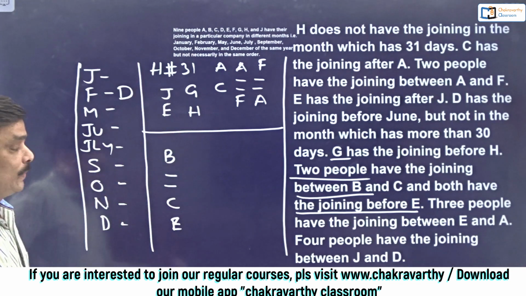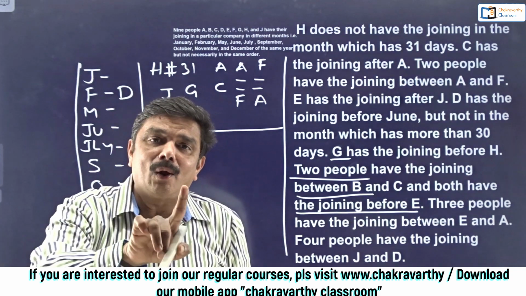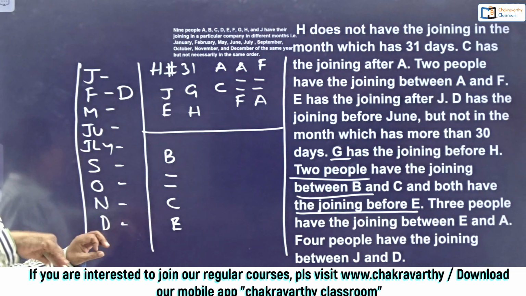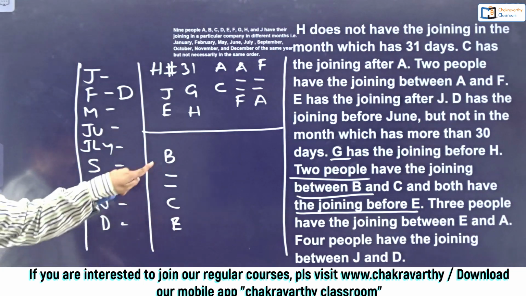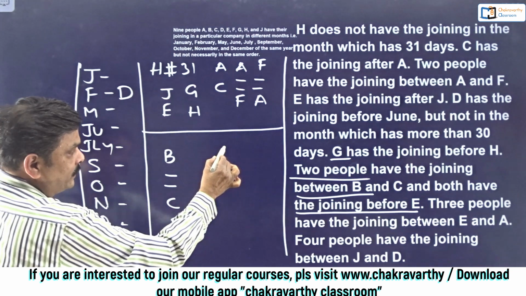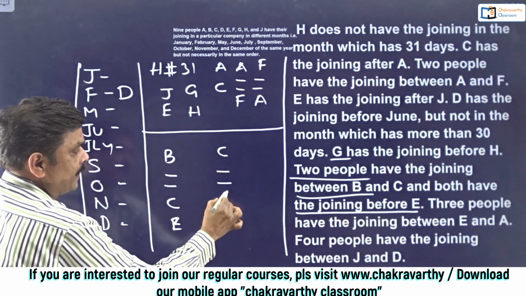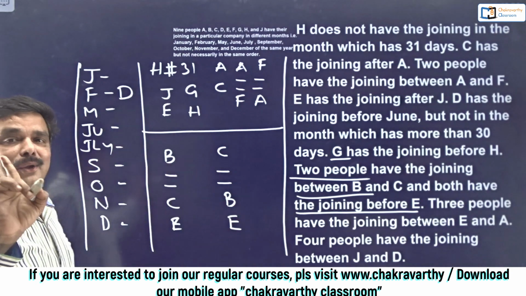But remember, students, between C and E, some people may come, may not come. It may be 0 or more than 0 also. Remember that one, don't get confused. But between B and C, only two are there. This is one of the possibilities. What's the other possibility? C, 1, 2, B, somewhere that is E. Same rules are applicable here.